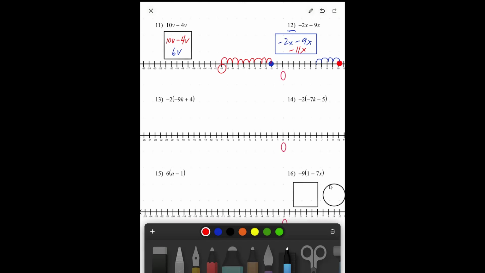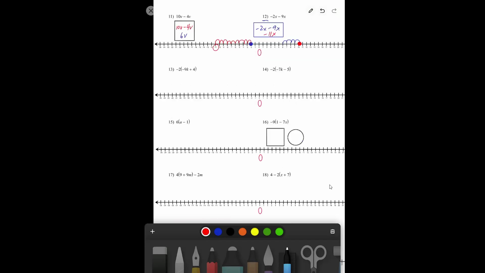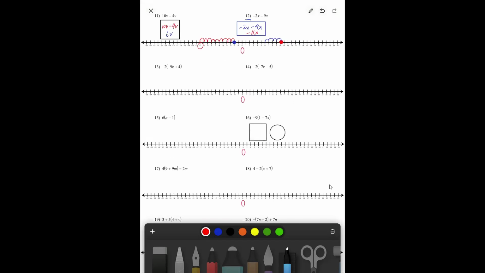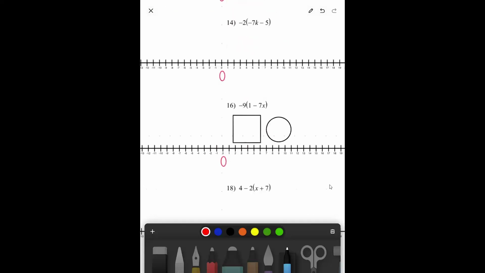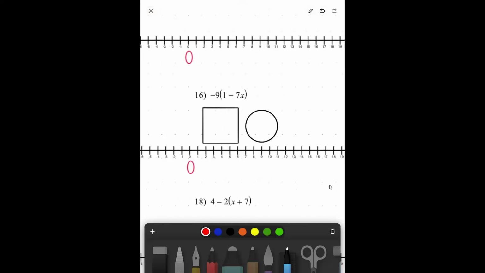All right, now I'm going to do one of the ones that has parentheses, and then one that has parentheses with another number. I'm going to do number 16. In order to box anything up, you have to get rid of the parentheses first. Before you can box or circle anything, you have to get rid of the parentheses. So I'm going to do a negative 9 times 1, which is a negative 9.